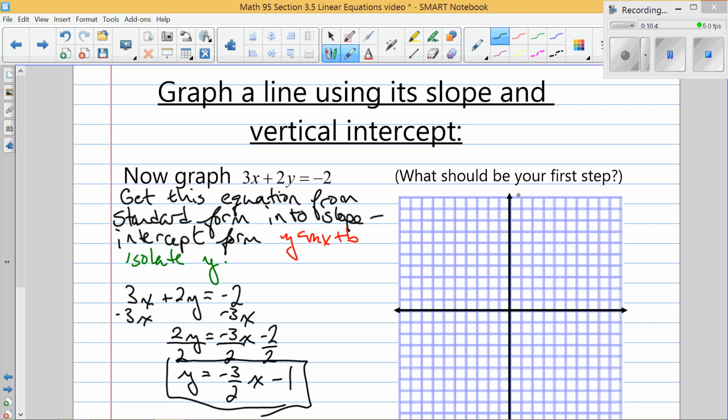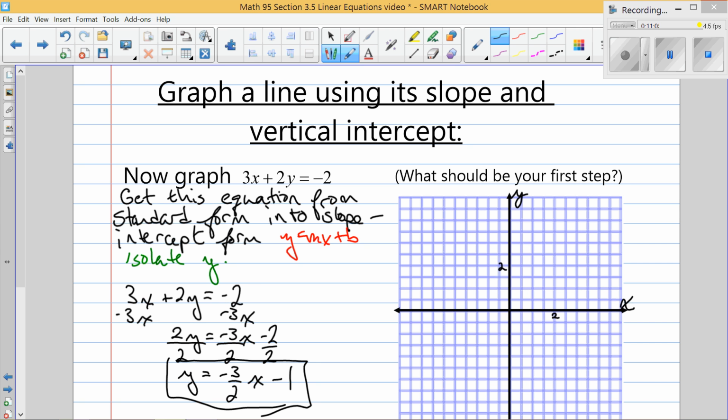So again, I need to label my axes and give myself a scale. So I want to let this be 1 and let this be 2. 1 and 2.